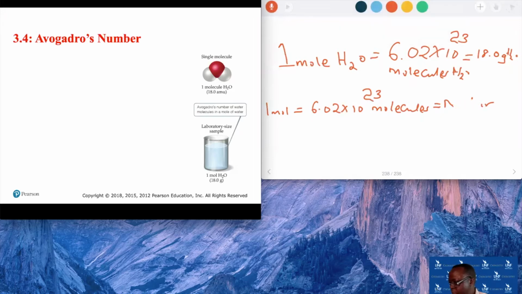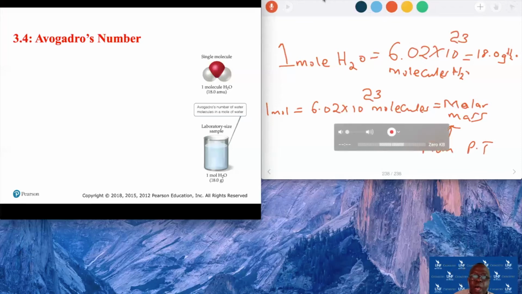Sorry about that, it's got to be molar mass because of 1 mole. If not given, you get this from the periodic table.